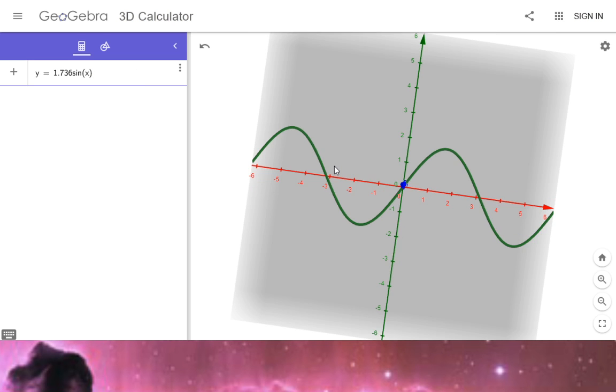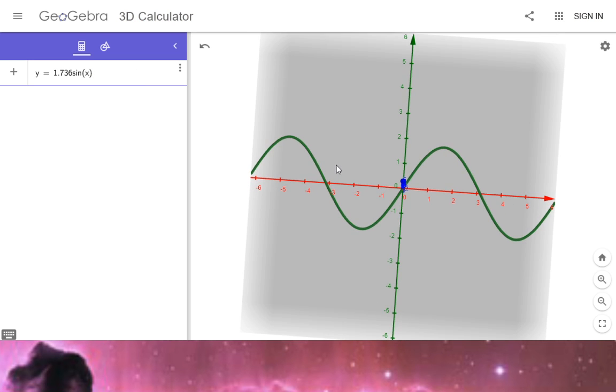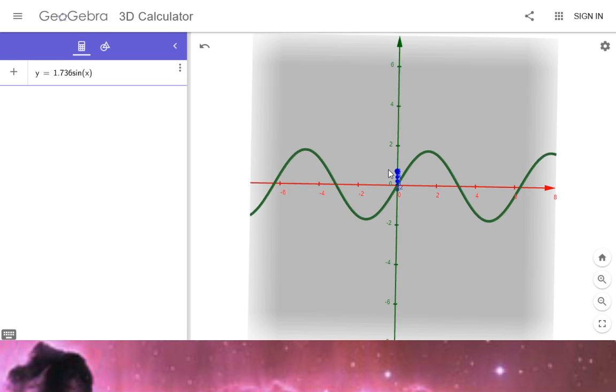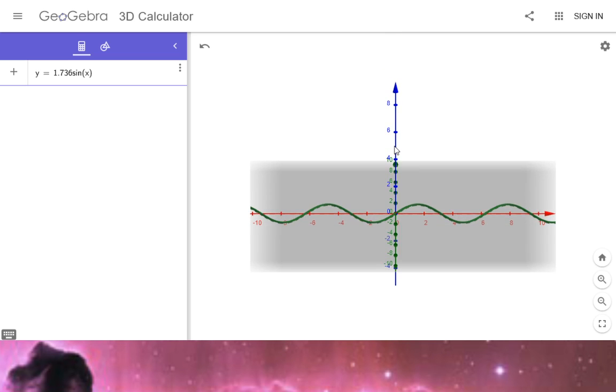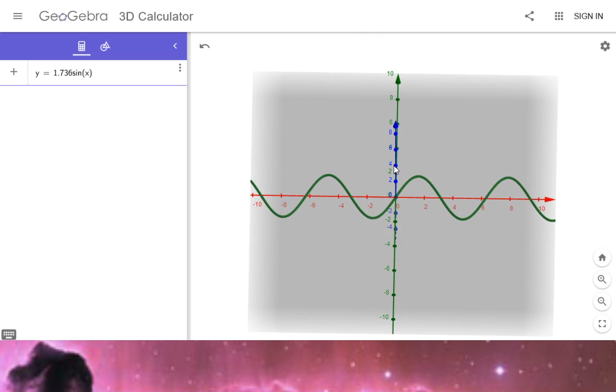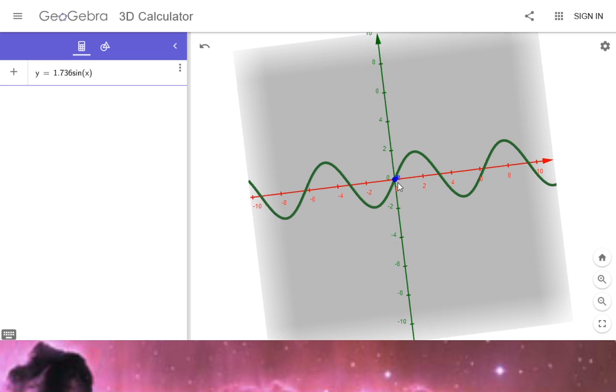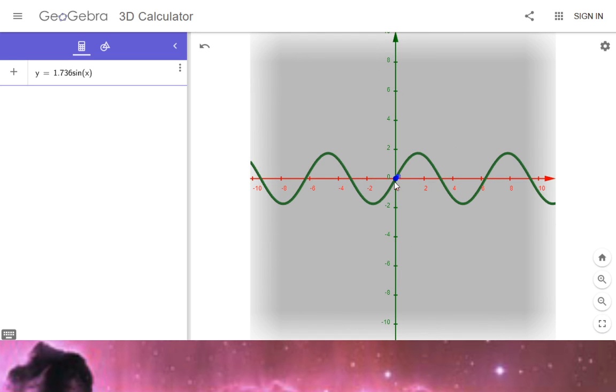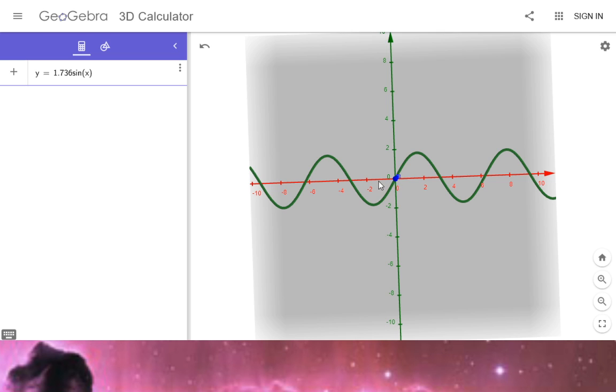So now our peak level that we have here on this graph, which is a two-dimensional graph, it's actually 3 dimensions, that's our max level. That's our reference. We call that our reference.